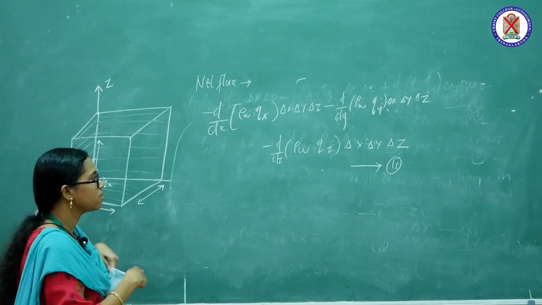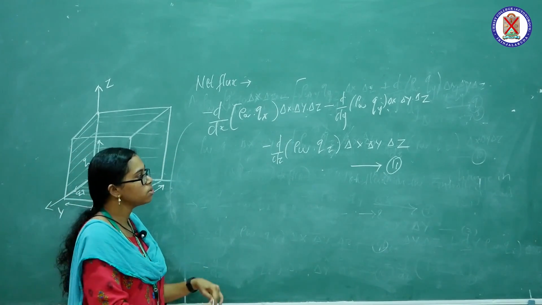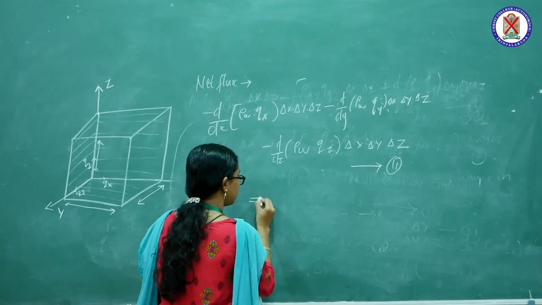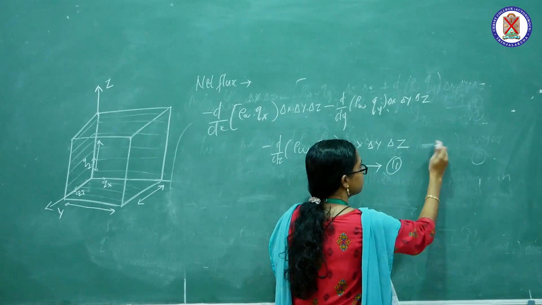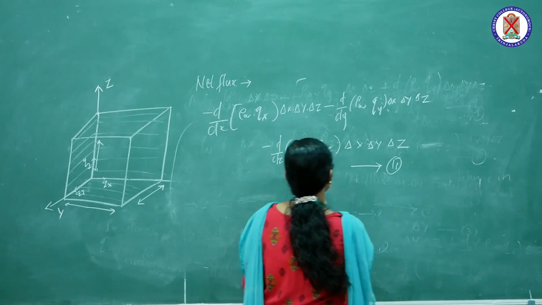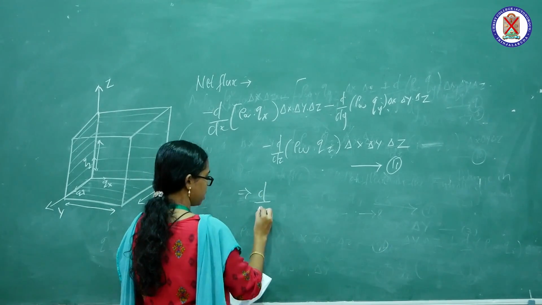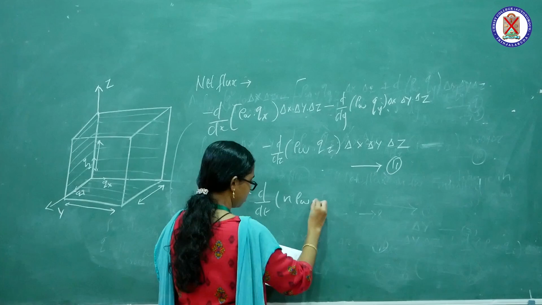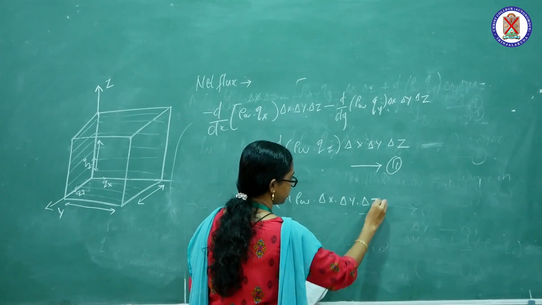So the right hand side of the equation, the change in storage with respect to time, will be equal to d by dt of n into rho w into delta x into delta y into delta z.